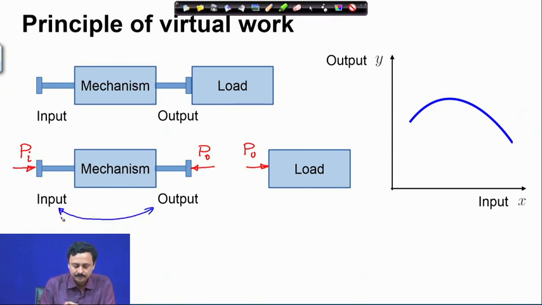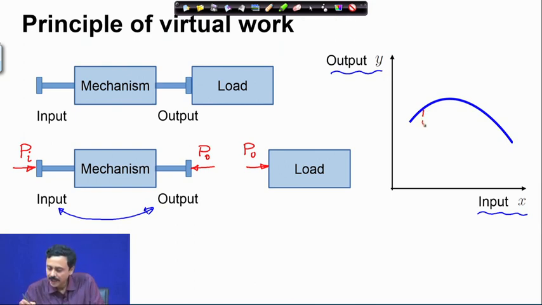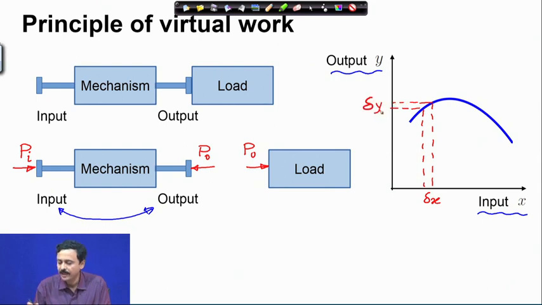Suppose the input output relation is known in this form, so that at the particular configuration x, if I give a virtual input displacement delta x, I obtain a virtual output displacement delta y, and if I am able to find the relation between delta x and delta y, then I can proceed to apply the principle of virtual work.